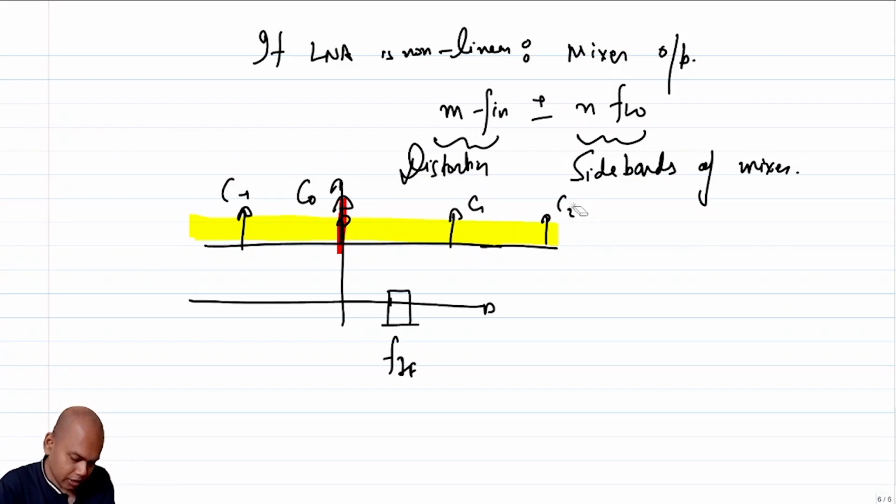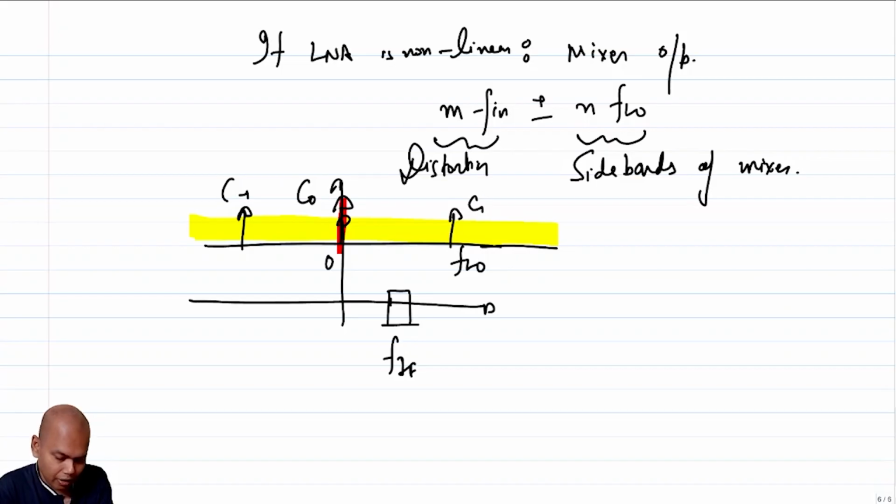Let's only consider C0 and C minus 1 for the time being. This is at FLO, that's 0.